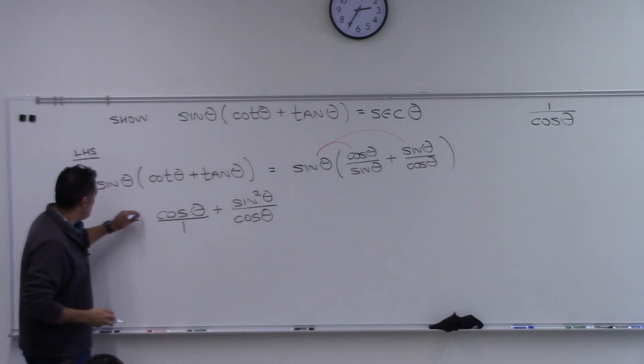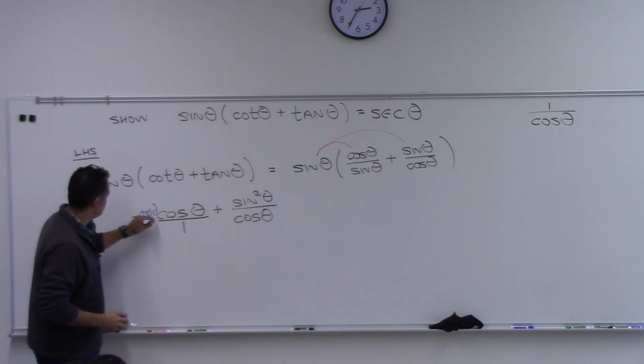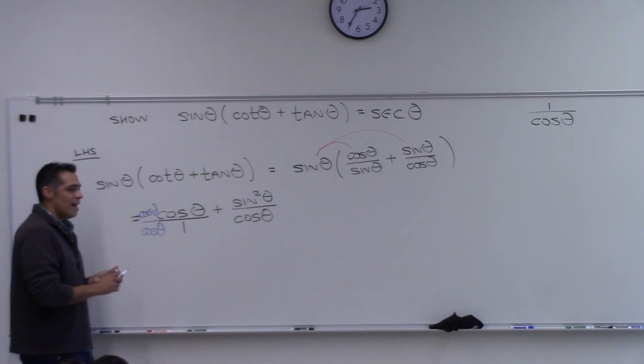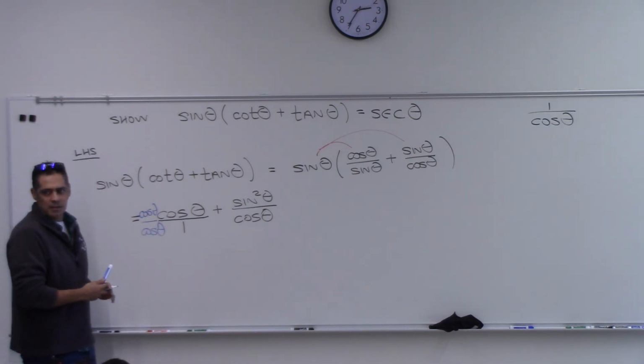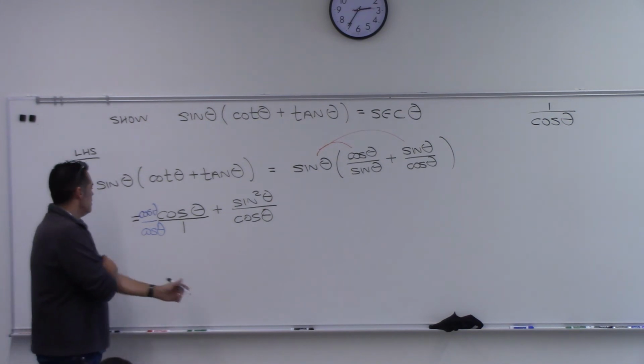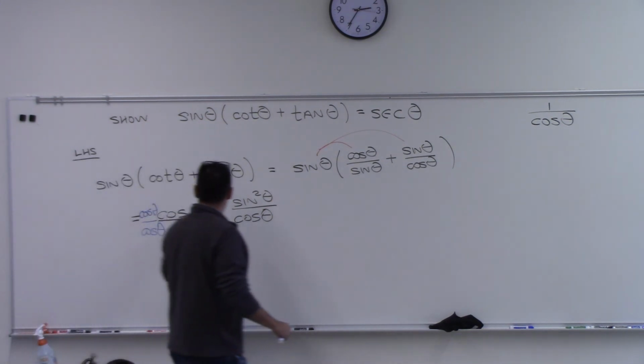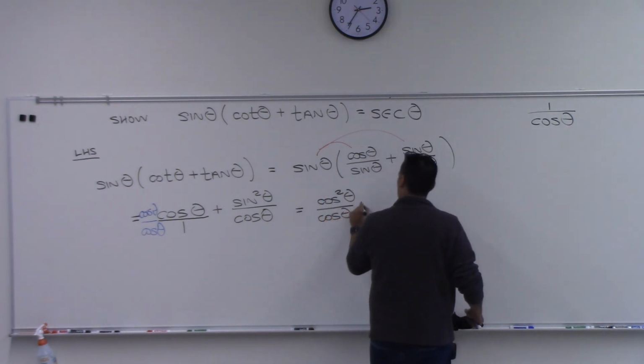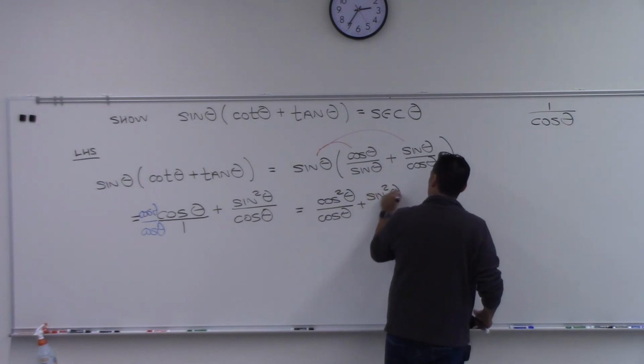So I'm going to multiply top and bottom here by cosine theta. Now if you like puzzles, little things that challenge you, these problems could be fun because they are challenging. So I multiply top and bottom by cosine theta. I get cosine squared theta over cosine theta plus sine squared theta. I'm taking my time here to show my steps.